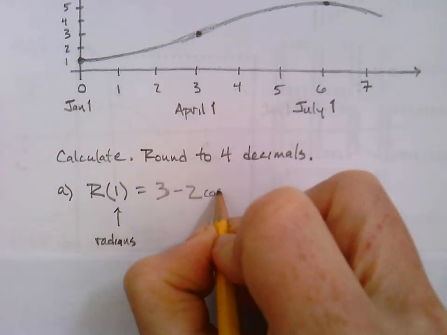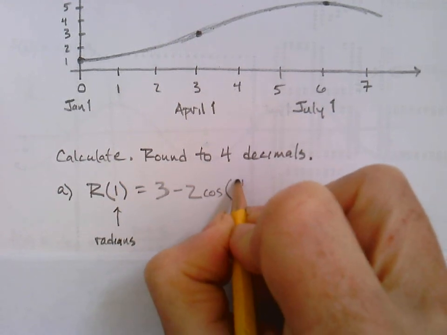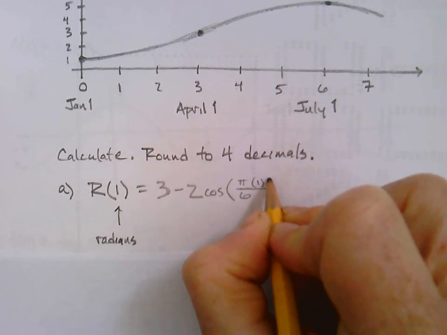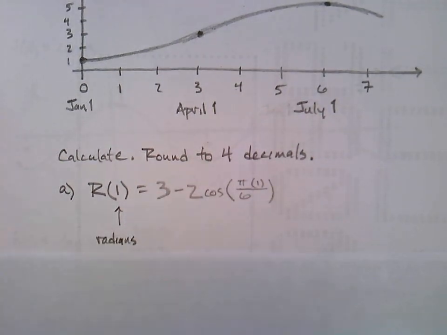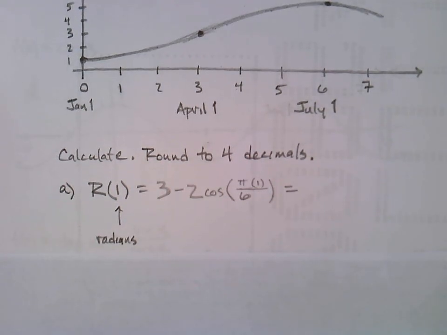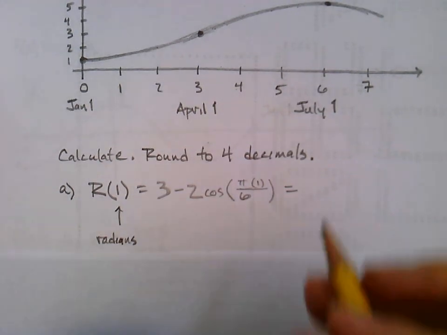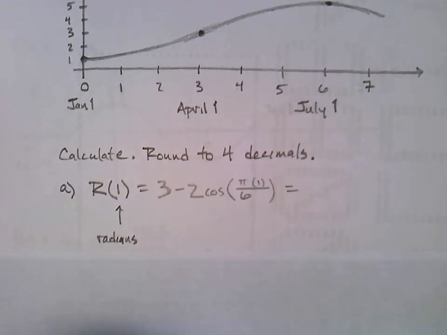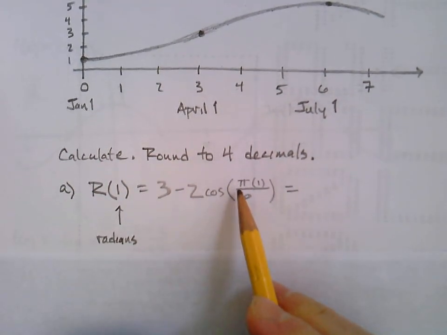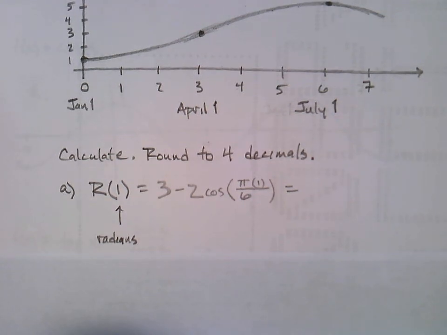Okay, so we're going to put in 1 for t. So grab your calculator, be sure you're in radians, and figure this out. I'm hoping you guys have a pi button in your calculator. If not, you can use 3.14 as pi.